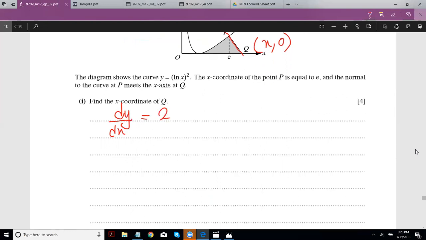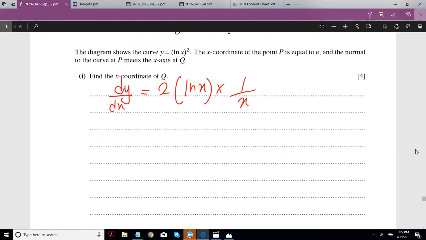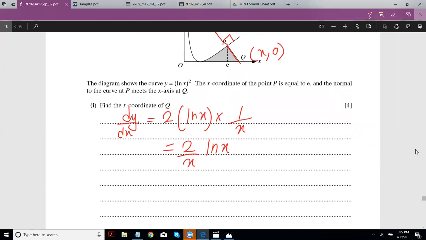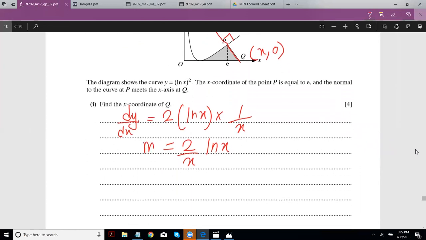You get 2 ln x. So this was the power rule, power shift, power subtract, ln x into internal differentiation. Internal differentiation would be 1 upon x, because if you differentiate ln x, you get 1 upon x. So here you get 2 over x ln x, right? And you're trying to find the gradient here.